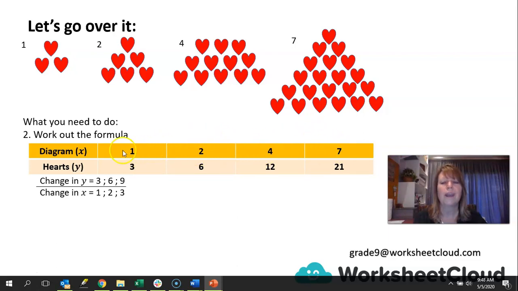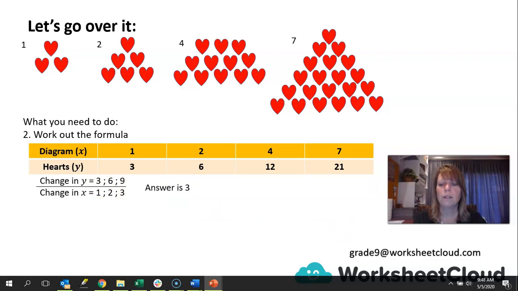Okay, you're not looking at the number of the diagram. You're looking at the change in the value. So our change in y, 3 over our change in x is 1, then 6 over 2, and 9 over 3. Remember, these are fractions, so simplify them, and in each case we will get an answer of 3.